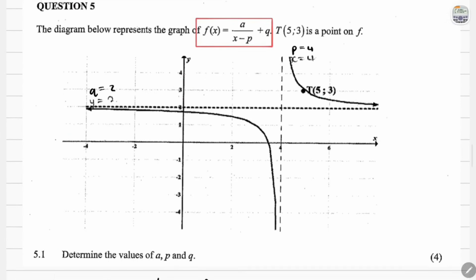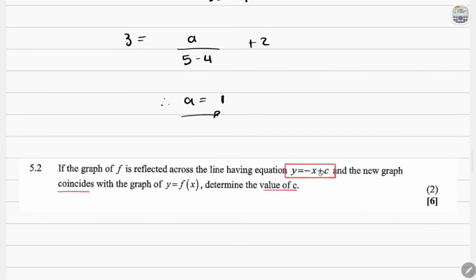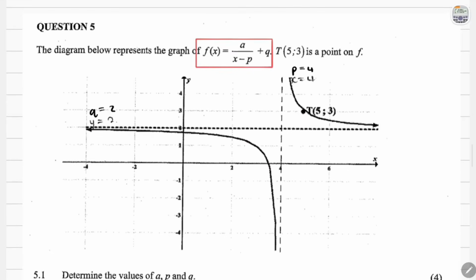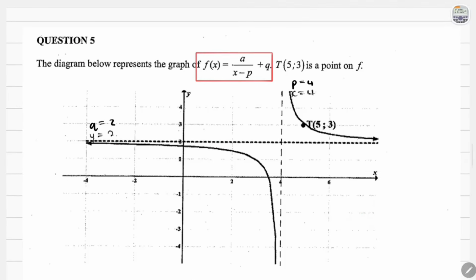So this graph of f, this hyperbola, gets reflected across a diagonal line because it says y equals negative x plus c. So it's a line with a negative gradient, and lines with negative gradients decrease. Okay, if the gradient was positive, it would be an increasing function. When you read it from left moving to right, it would be increasing. Okay, so this one is decreasing.